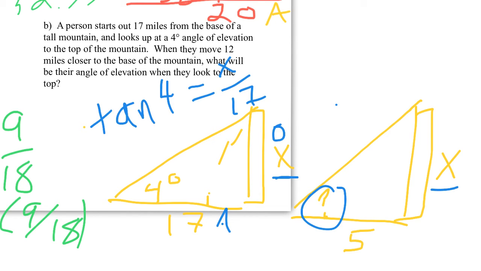I'm going to multiply both sides by 17, and I get x is equal to, in this case I'm going to use the decimals just because I have it typed out already, 2.475. So our mountain is 2.475 miles tall.